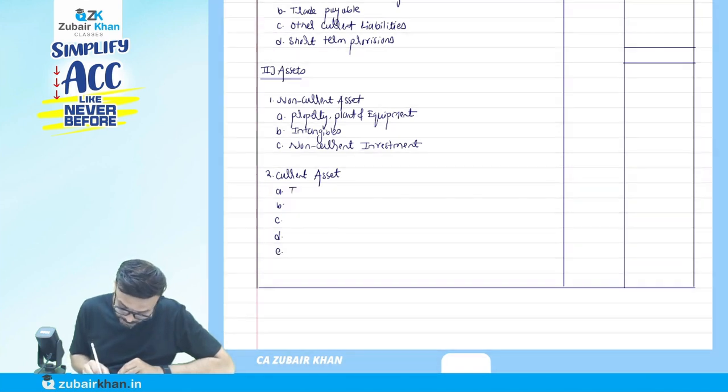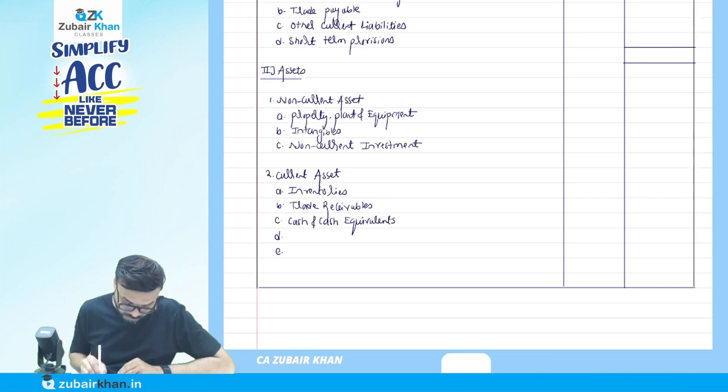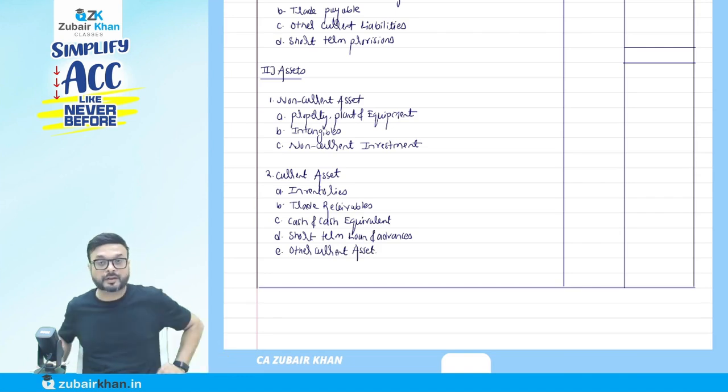Write on there. Inventories, trade receivable, cash and cash equivalent, then we have short term loan and advances, other current asset.